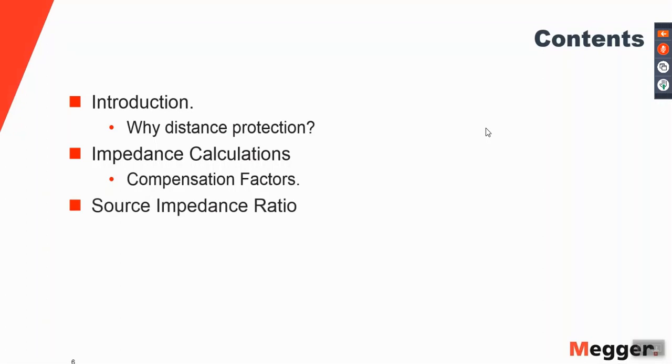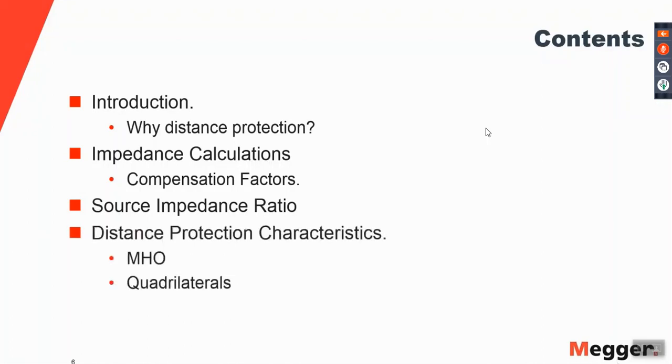We will be talking about the source impedance ratio, what that means, and what influence it has on the protection of lines using distance protection systems. And we will then be talking about the characteristics of distance protections, the most used ones, namely the mho characteristics and the quadrilaterals.